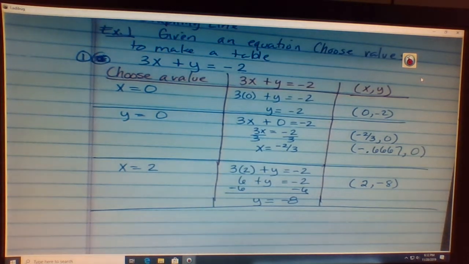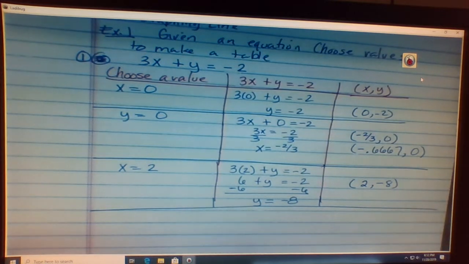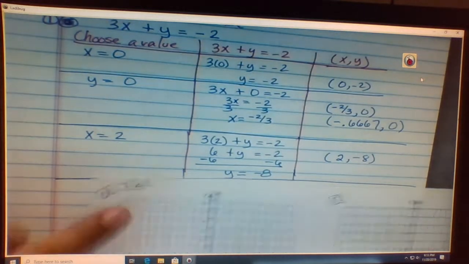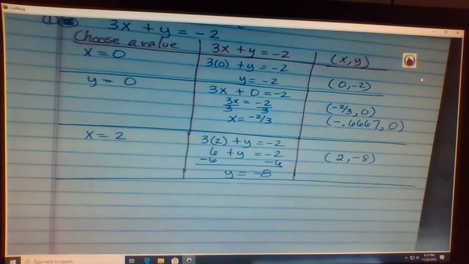So how many points do you need to graph any line? 2 to 3. Honestly, if it's a straight line, all you need is 2. Here, they keep asking us to find 3, just so you could practice a little bit more. So getting your graphing paper. I've already numbered them, 1, 2, 3, 4, 5, 6, 7, 8.